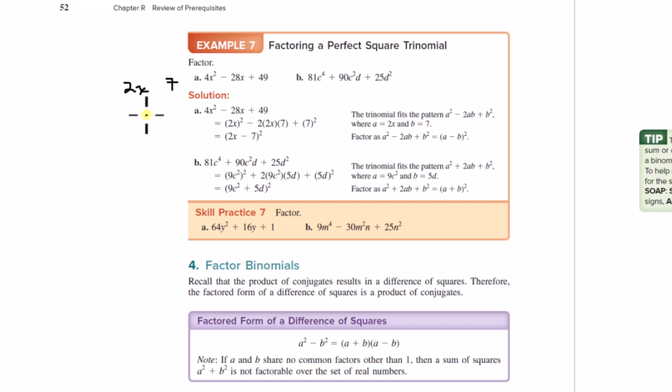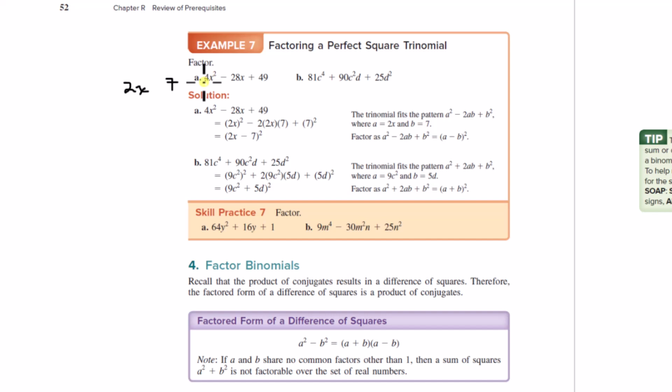Because the a plus b or a minus b squared is a squared plus or minus 2ab plus b squared, right? So take 2 times 2x times 7. That's 28x. And it doesn't matter if this is a minus or a plus, because now we're just going to say this is going to be 2x minus 7 squared, right? If this was a plus, it would be 2x plus 7 squared.